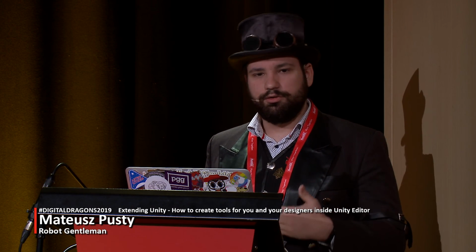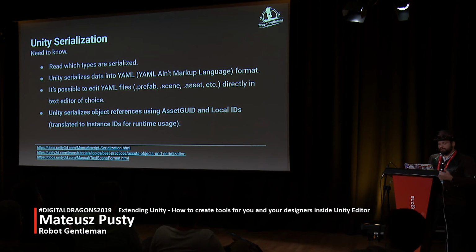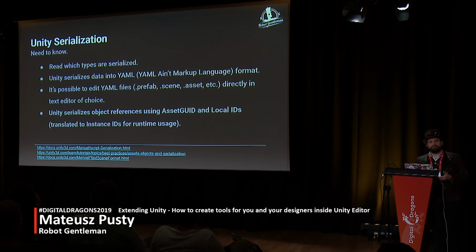Unity serializes only some types of fields, so you need to be sure that all the data you want to store in your scriptable object or on the behaviours is serializable. It is possible to edit these YAML files, the .prefab, .scene and .asset files, directly in your text editor of choice. It is sometimes useful.